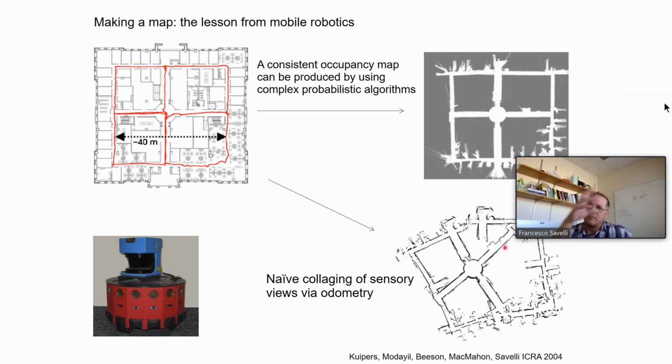It's hard to connect loops and close loops and know when you're back at the same position where you were before, unless you have a complex system of balancing what your path integrator is telling you and what the landmark information outside is telling you. And you have to use very sophisticated probabilistic algorithms.